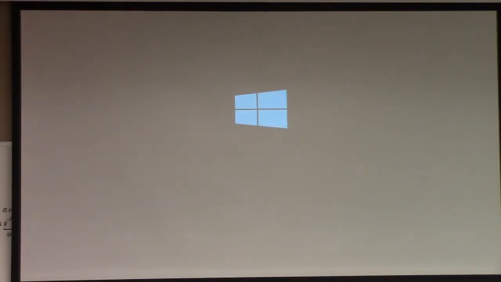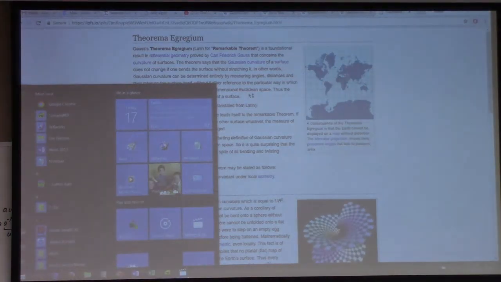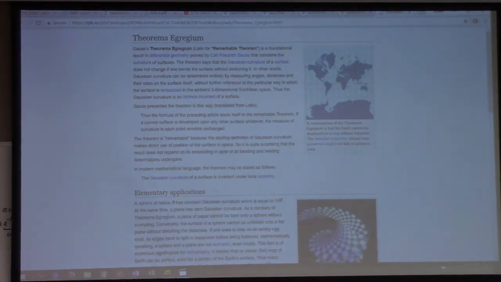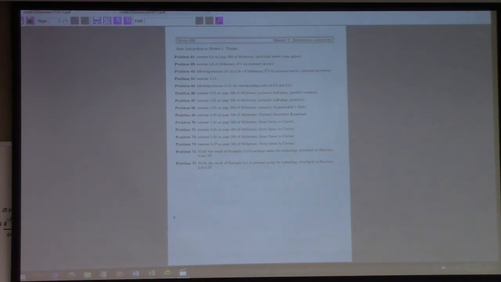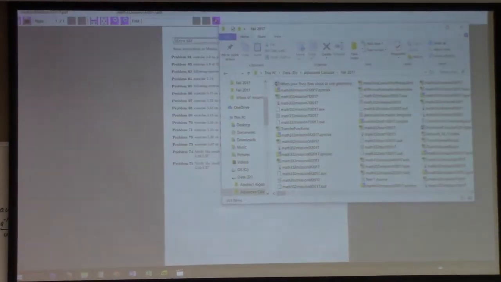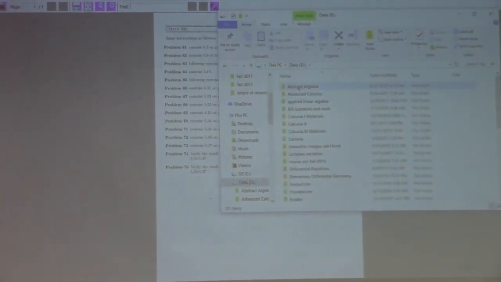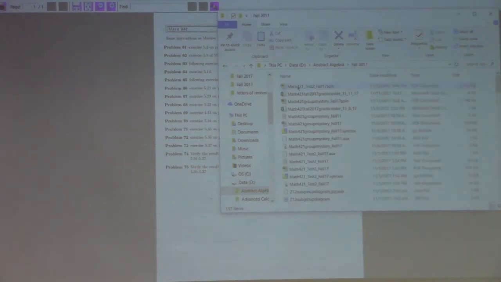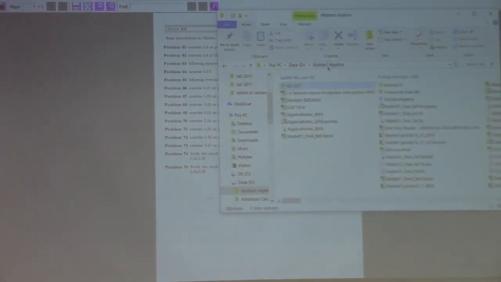Come on, come back to me. All right, let's see here. The stupid computer turned itself off yesterday, and with it, it closed all my PDFs.